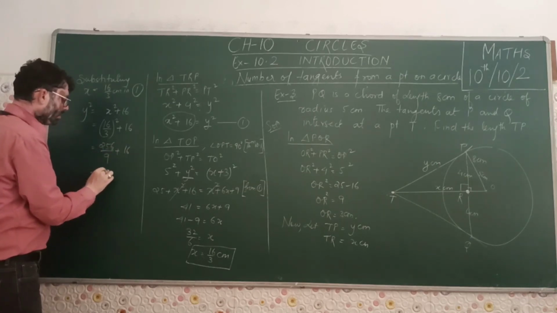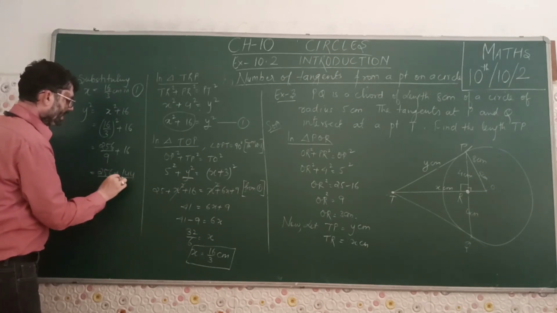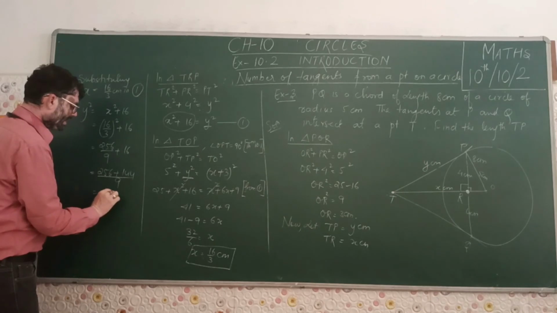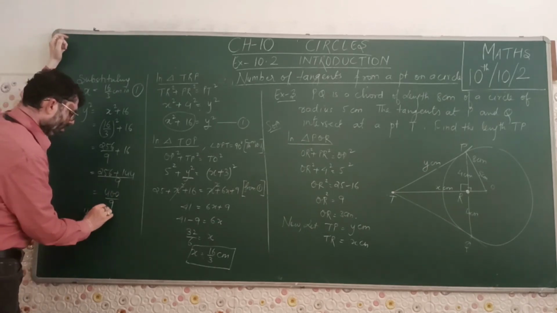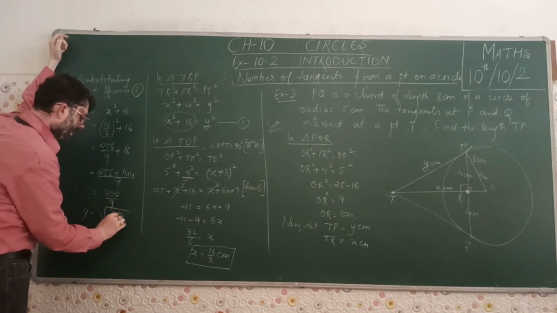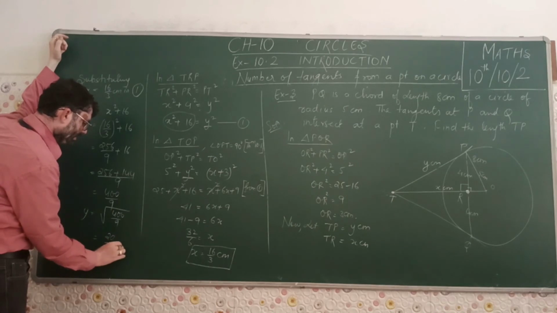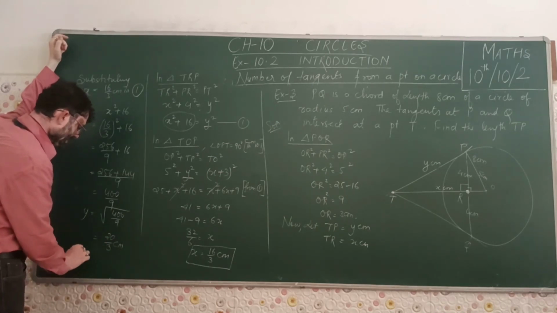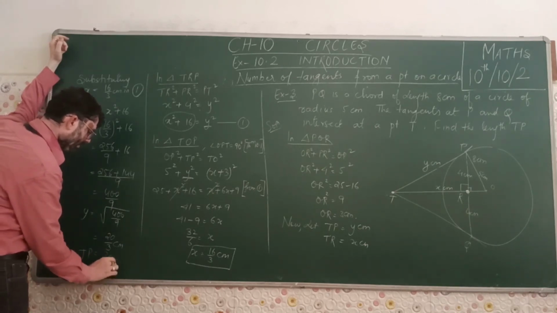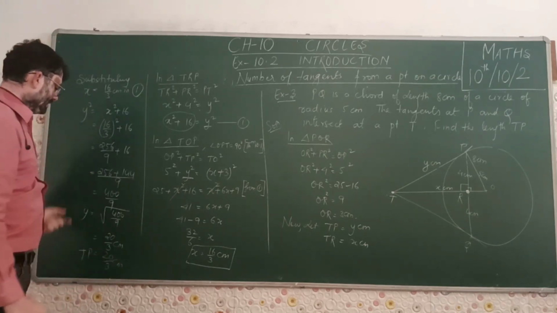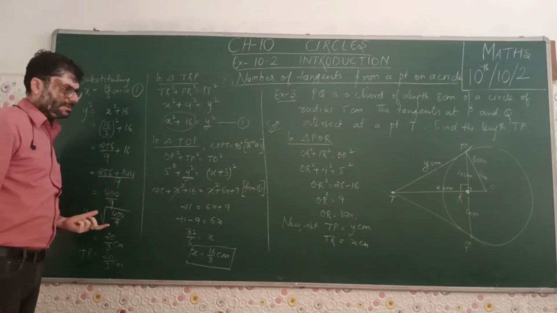Taking LCM and solving, 256 plus 144 by 9. So this is 400 by 9. So y will be equal to root under 400 by 9 and that is 20 by 3 centimeters. That is TP is equal to 20 by 3 centimeters, as TP we had taken to be y centimeters.